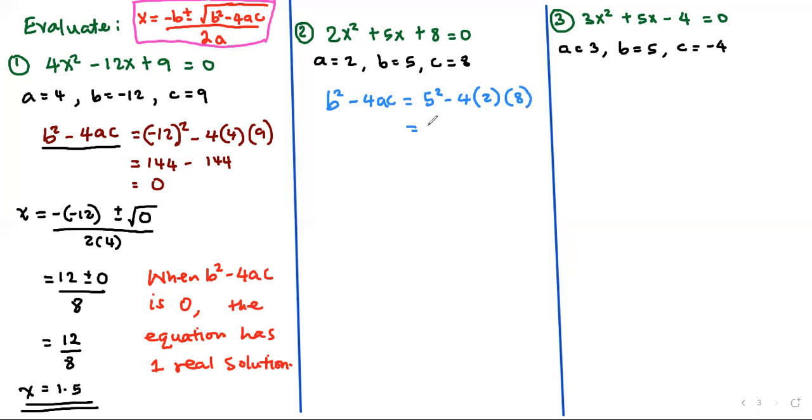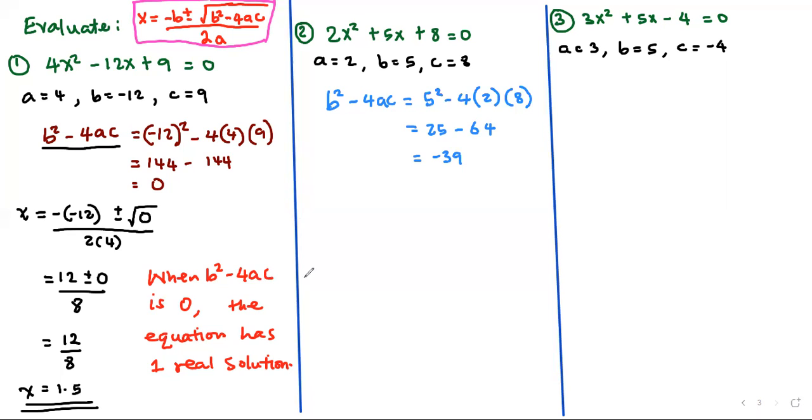So you are getting 25, which is 5 squared, minus 4 times 2 is 8, and 8 times 8 is 64. So you are getting 25 minus 64. Now, if you get 25 minus 64, you will be getting negative 39. Okay, so we know b squared minus 4ac is negative 39.